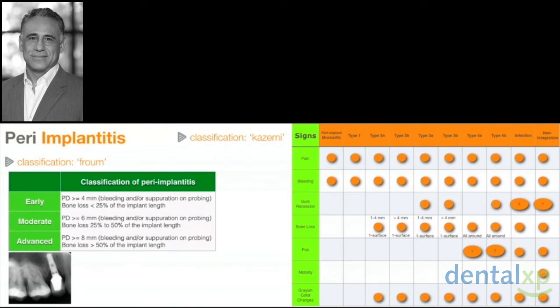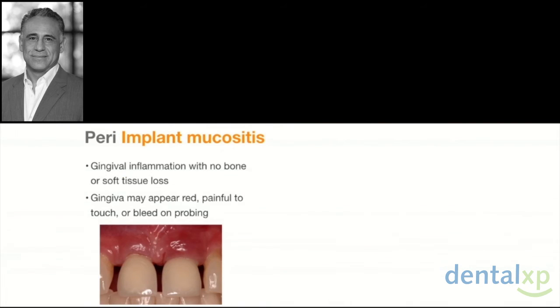And based on how they present, a different classification, going from peri-implant mucositis to peri-implantitis, which I describe as 4 different types: type 1, type 2, type 3, and type 4. And ultimately infection and non-integration. So it's a little bit more of a detailed way of looking at the classification, each providing a certain amount of information to the clinician in terms of possible treatments.